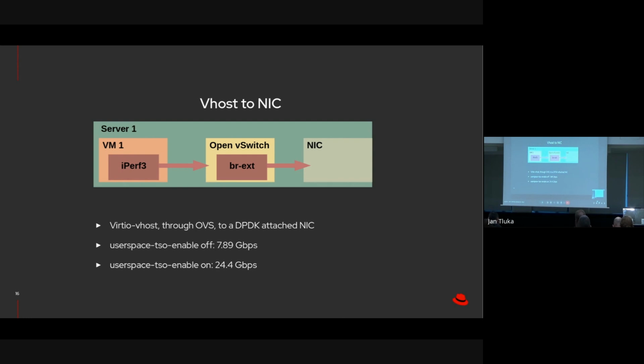The data remains going out of the network card. As with the previous test, OVS was only configured with a normal action to switch the packets. The effect of TSO in this scenario yields a 3 times increase in throughput from 7 gigabit per second to over 24 gigabit per second.